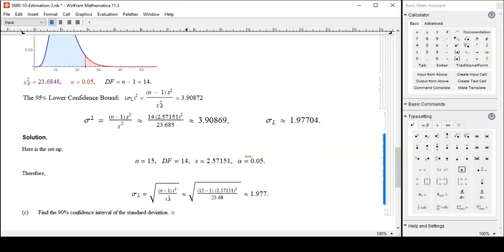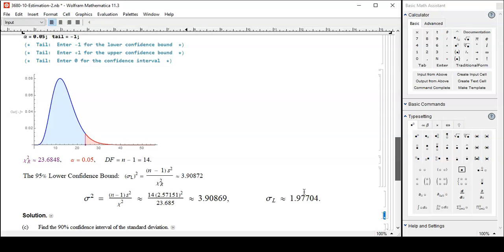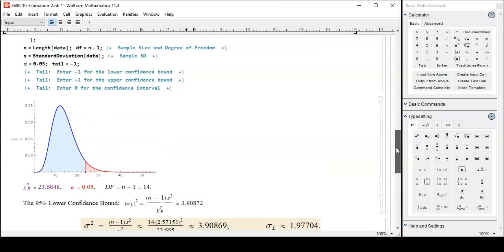Here's a solution. Yes and yes. So we found out the 95% lower confidence bound. And previously, we found out the 95% upper confidence bound.